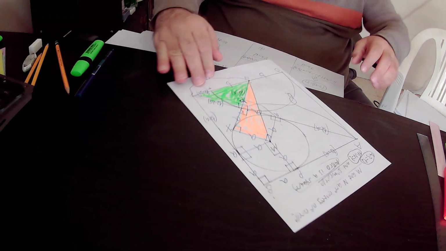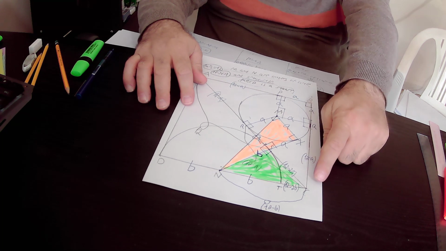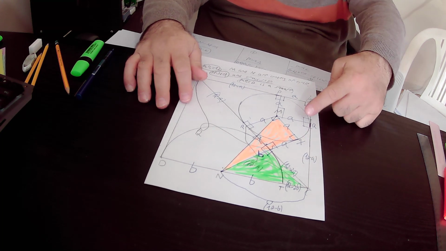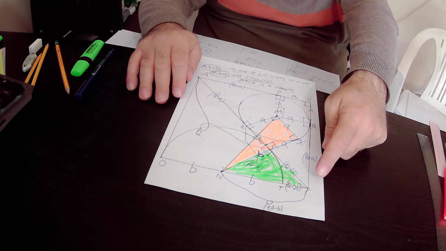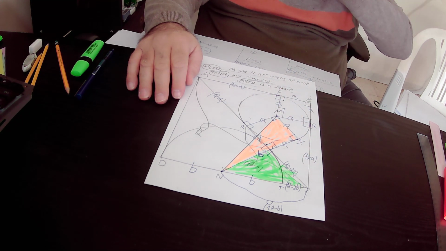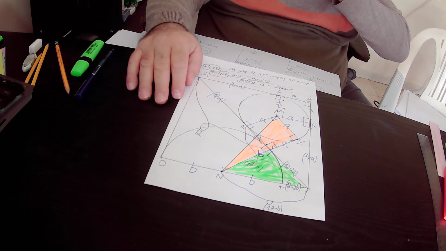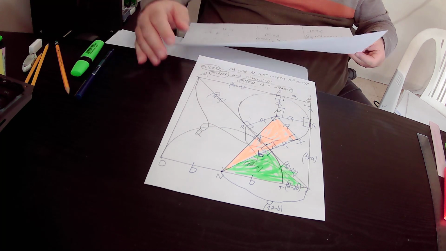Then we focus on the external point C. From the external point C, we have two tangents to this circle. The first tangent is tangent CQ. The second tangent is tangent CR. And according to rule number 1, they must be equal to each other.